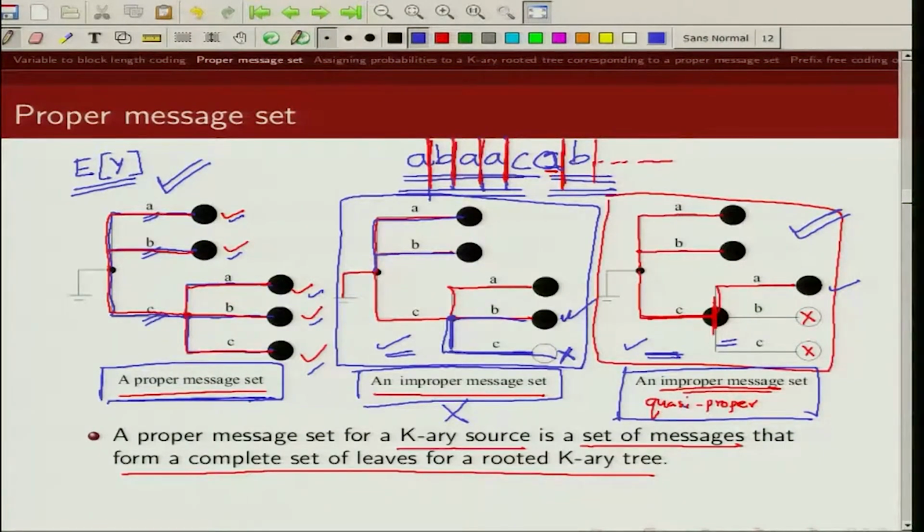Whereas for a quasi-proper message set, we do not know an algorithm to find a code which will maximize the expected value of y. So in this lecture, we are going to concentrate only on the proper message set. How do we design a source parser using a proper message set such that our expected value of y is maximized?